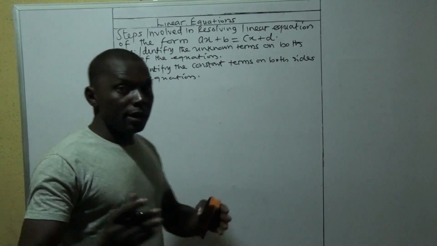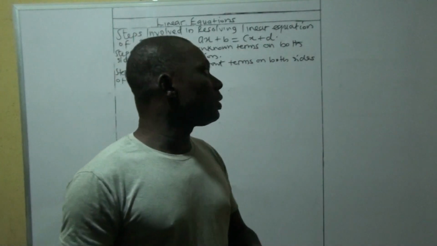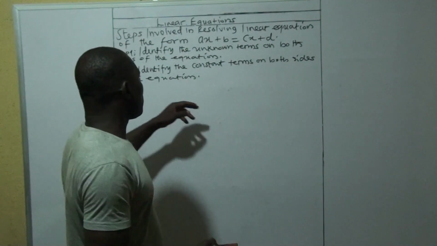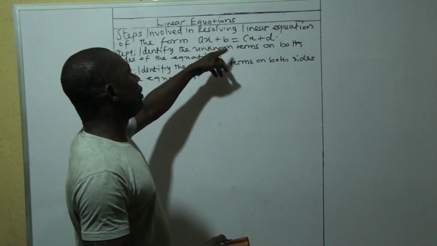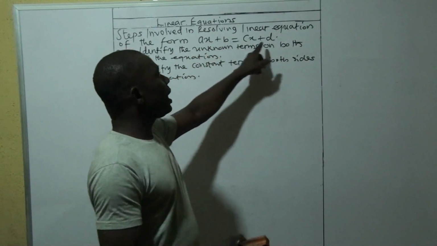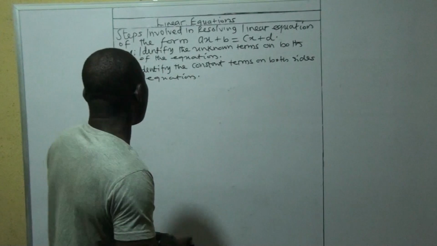If you look at this equation, the constant terms are the ones that are devoid of the unknown terms, which are b and d. So we have to identify them.